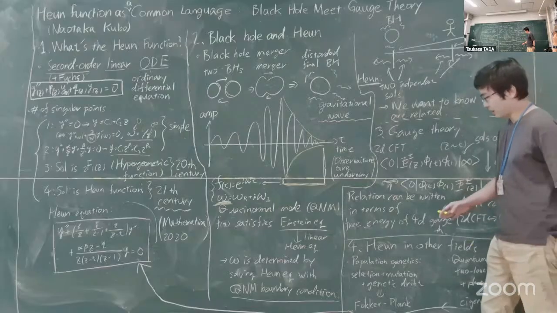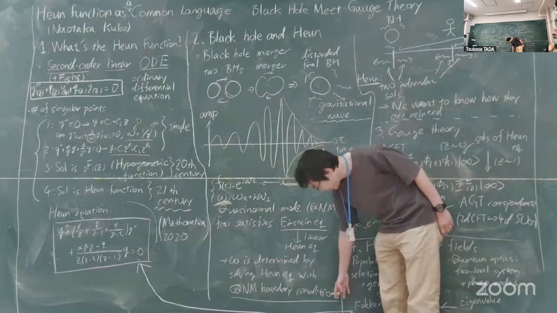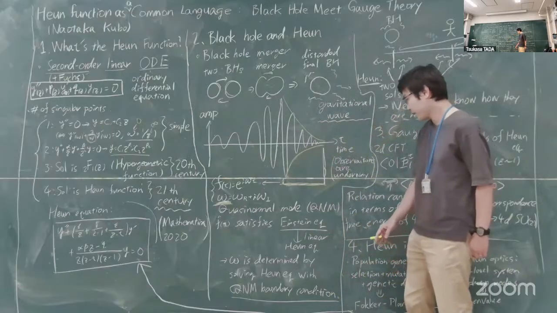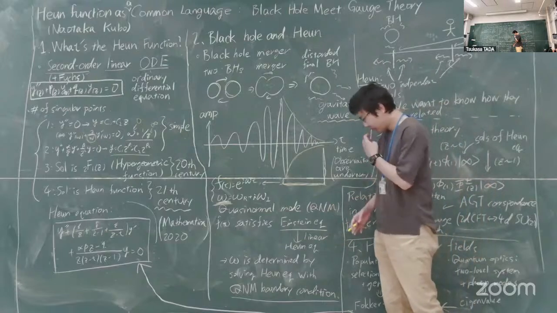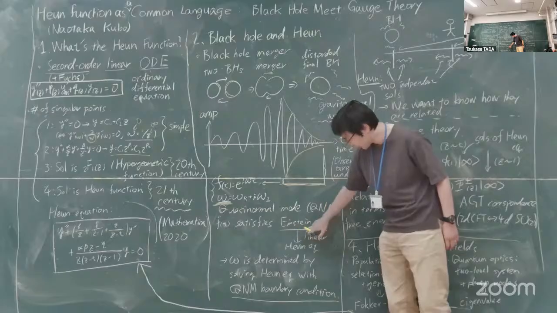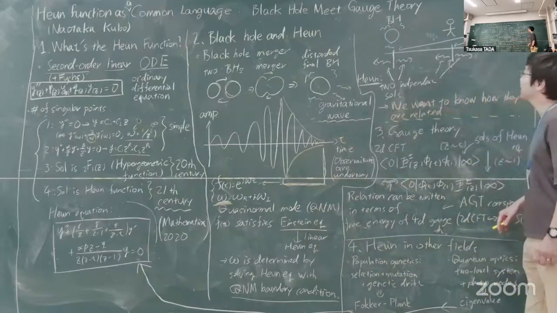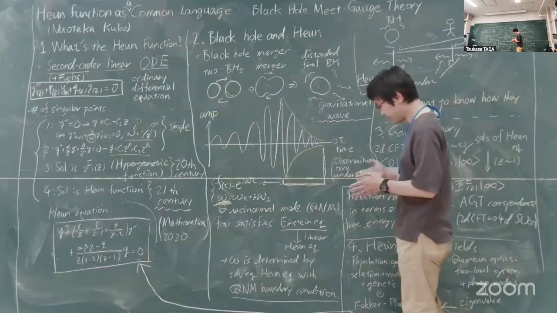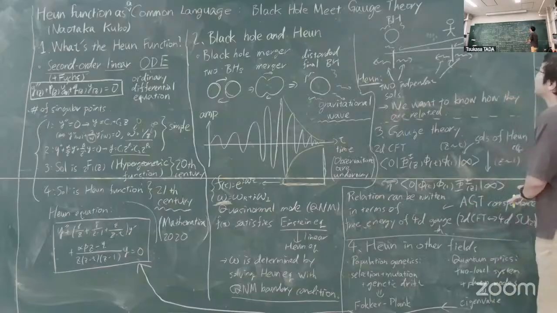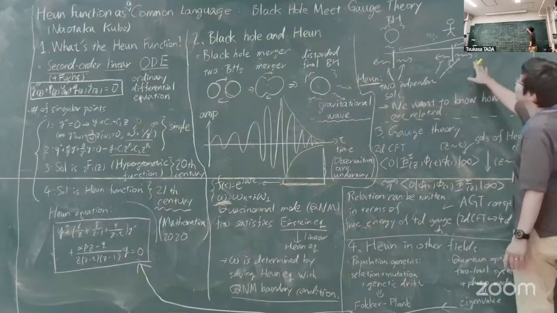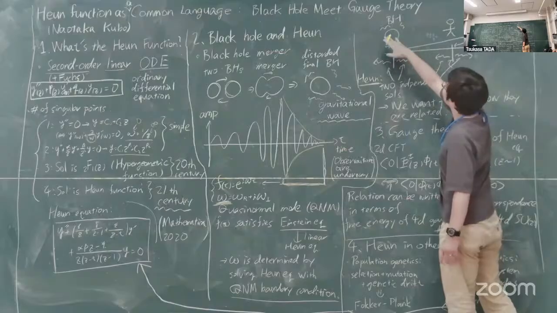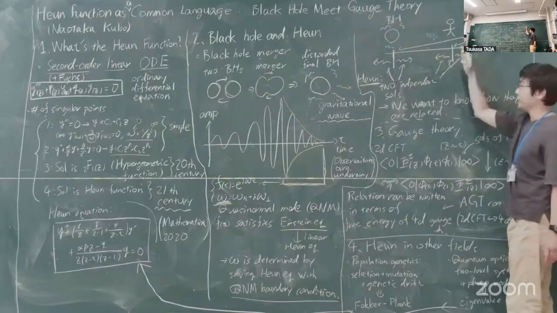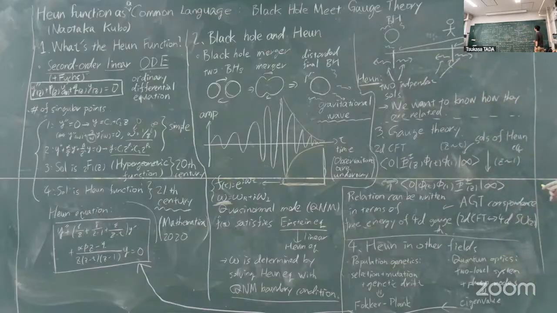And with the quasinormal mode boundary condition. So as I told you, the Heun equation appears, but let us go into a bit more detail. We have to impose the boundary condition like this. Here there is a black hole, and we also observe far from here.